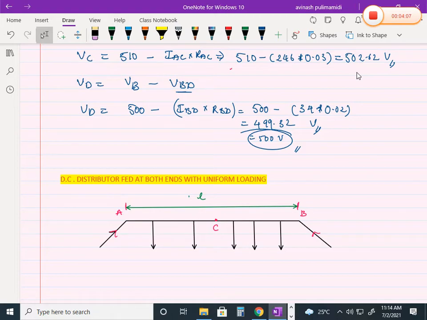Now from the initial point A, let us take a small distance, denoted by dx. From A to this point, let us take the distance as x.